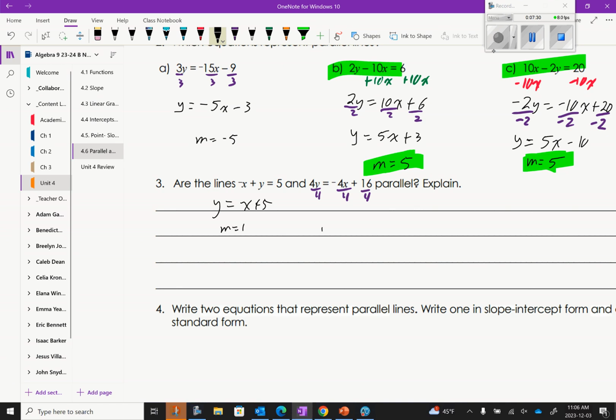So I would get y equals -1x plus 4. So the slope here is -1. No. They do not have the same slope. They are not parallel.